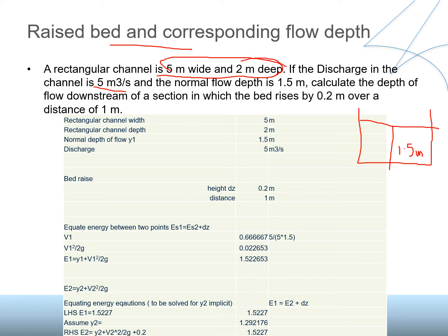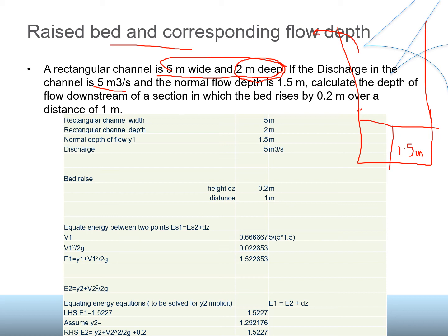So the 2 meter channel depth has no meaning in our calculation. We always use the depth of flow. The channel section can be very large or small. It doesn't have any impact on the hydraulics. Obviously, if the depth is high, it will overflow, but other than that, there is no impact.